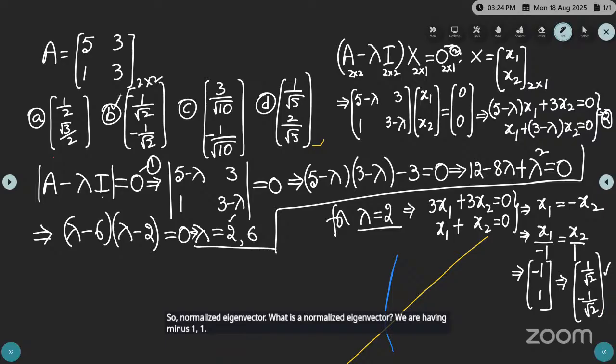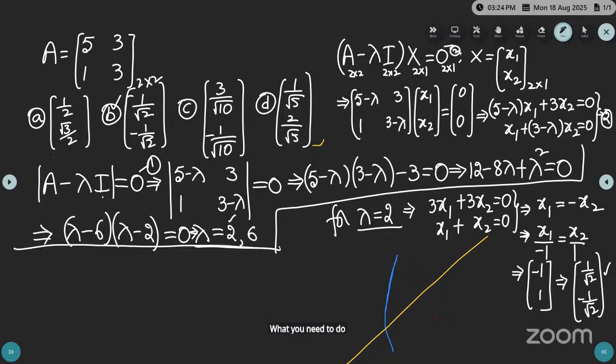If it is x1, x2, okay, what you need to do is square root of minus 1 square plus 1 square is equal to root 2. Okay. Divide with this. Divide with it. So then write down.